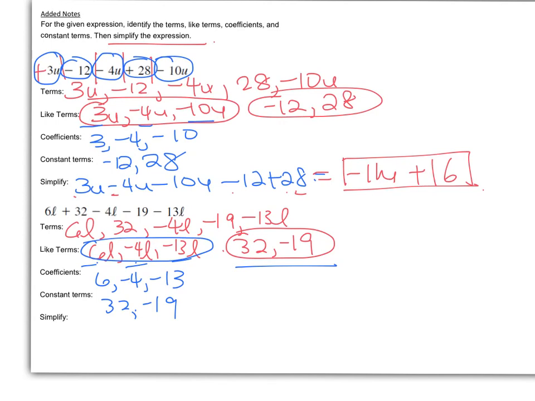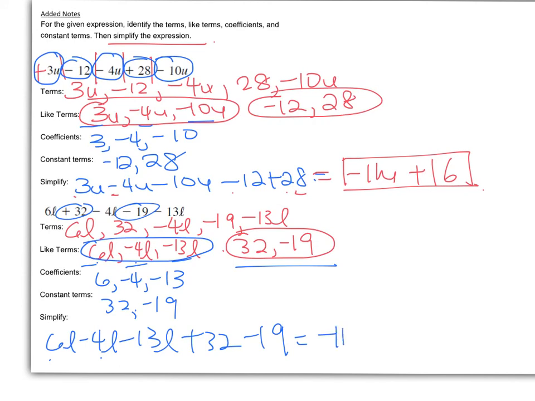And then we can simplify. 6L minus 4L minus 13L, and plus 32 minus 19. 6 minus 4 is 2, 2 minus 13 is negative 11L.